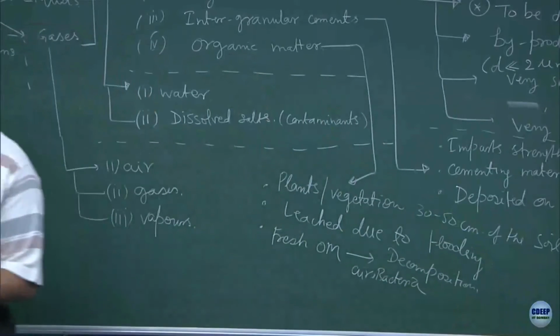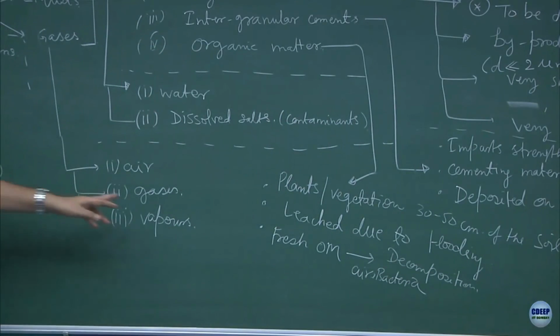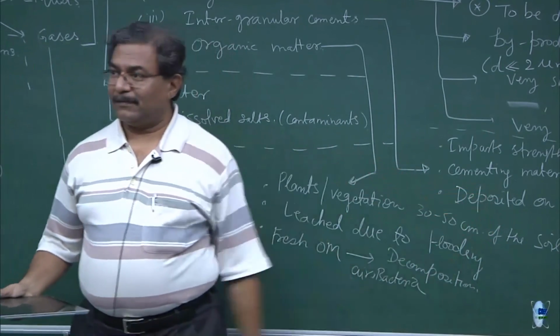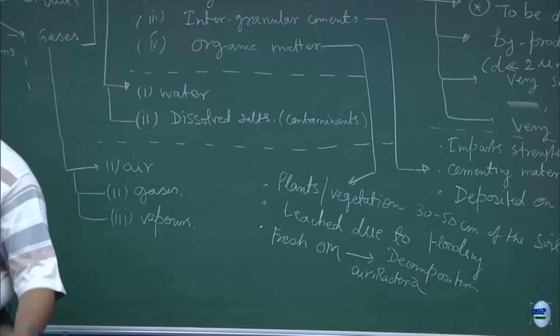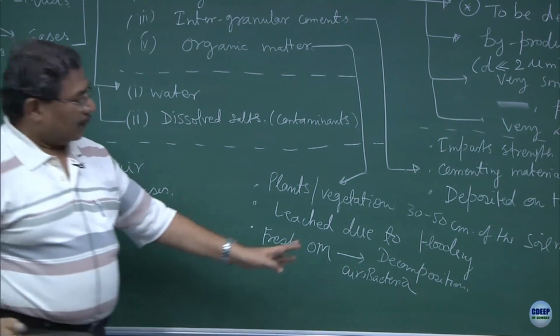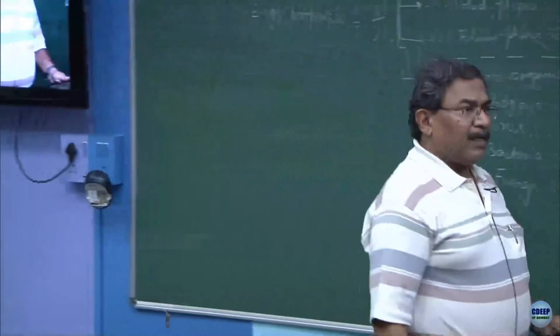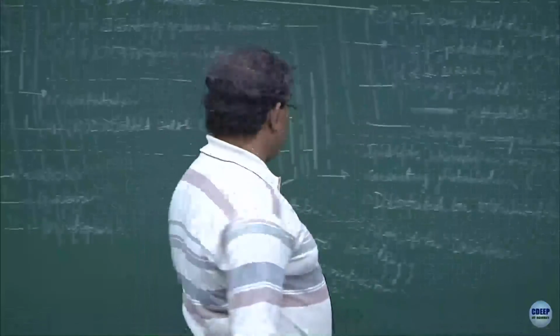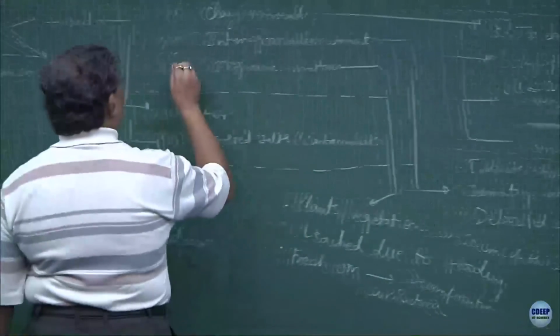And after decomposition, what will happen? When it gets decomposed, it gets converted into humus. You remember we talked about humus, organic matter. Is this fine? Have you understood the whole thing? As a civil engineer, as a geotechnical engineer, I will hate to have this material in my system.